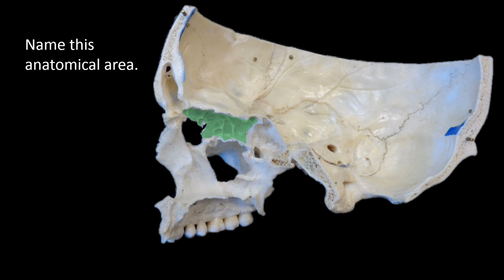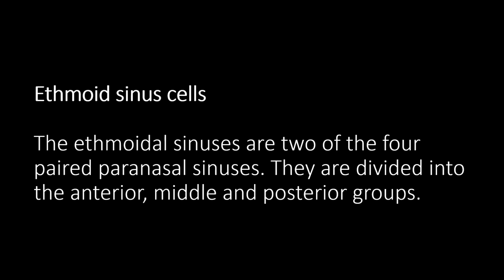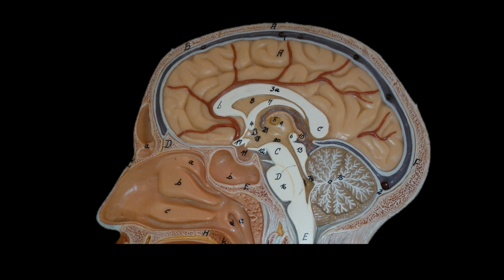Name this anatomical area. Ethmoid sinus cells. The ethmoidal sinuses are two of the four paired paranasal sinuses. They are divided into the anterior, middle and posterior groups. Name this anatomical area.